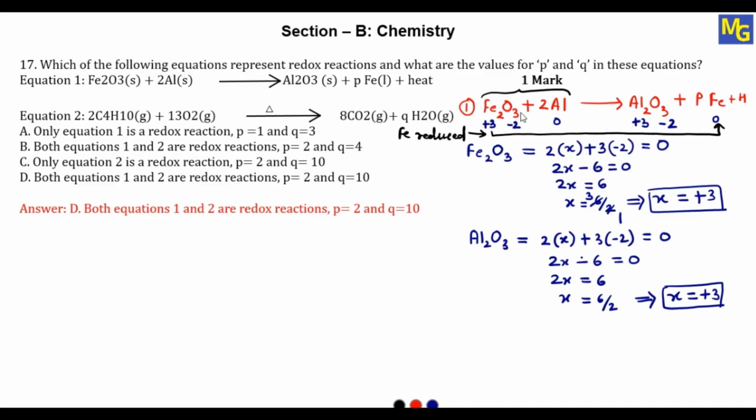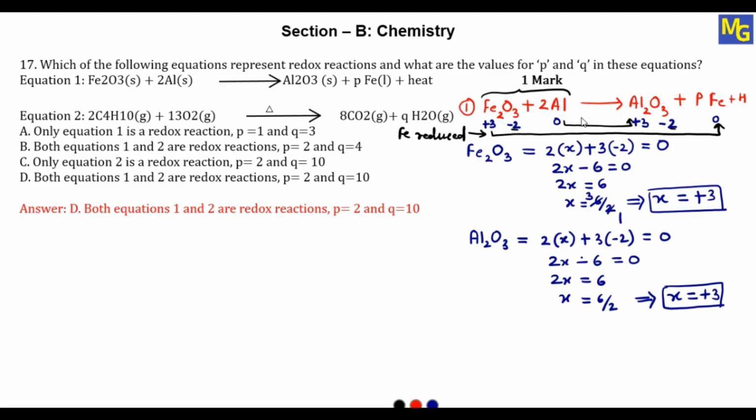So we can write like this. Now focus on oxygen. Oxygen here is minus 2, here also minus 2. So there will be no change. Now see aluminium. This side it was 0, but on the other side it is plus 3. So what is the meaning of this? Earlier it was 0. Now after the reaction, in the product it is plus 3, meaning the oxidation state has increased.